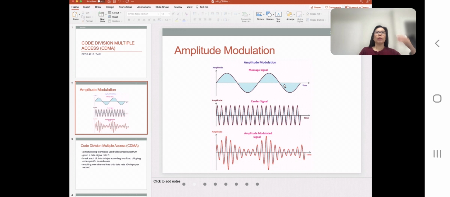In that case, we call them orthogonal frequencies. When we say orthogonal, it means that they do not overlap, so they do not interfere with each other.